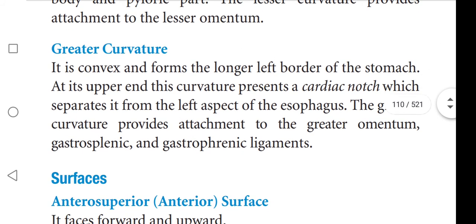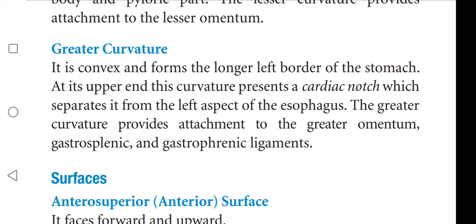Next, greater curvature. It is convex and forms the longer left border of the stomach. At its upper end, this curvature presents a cardiac notch which separates it from the left aspect of the esophagus. The greater curvature provides attachment to the greater omentum, gastrosplenic and gastrophrenic ligaments.